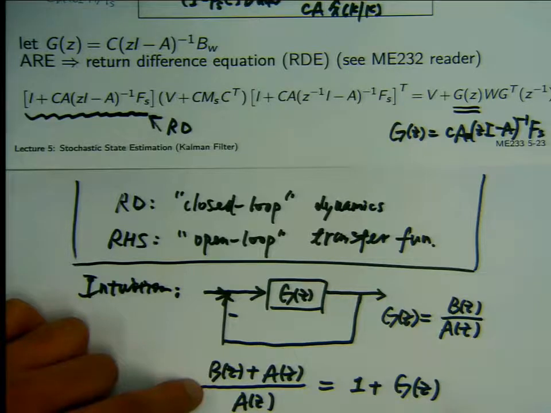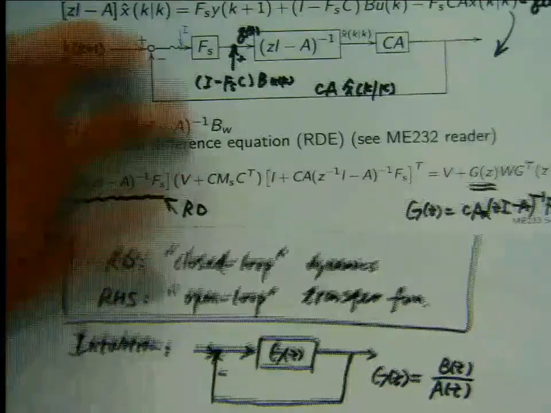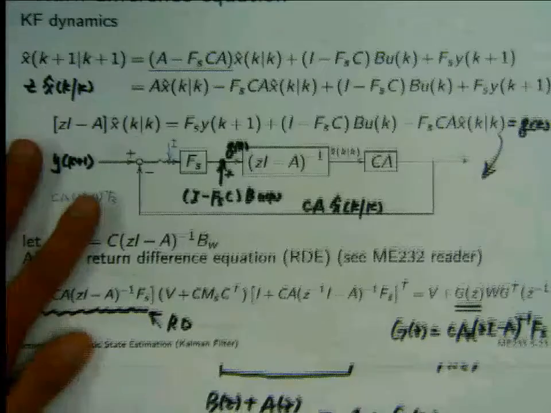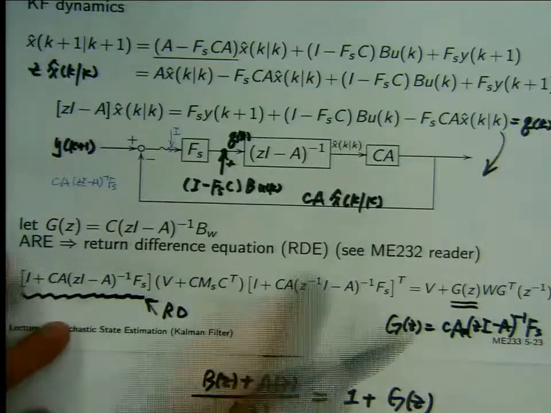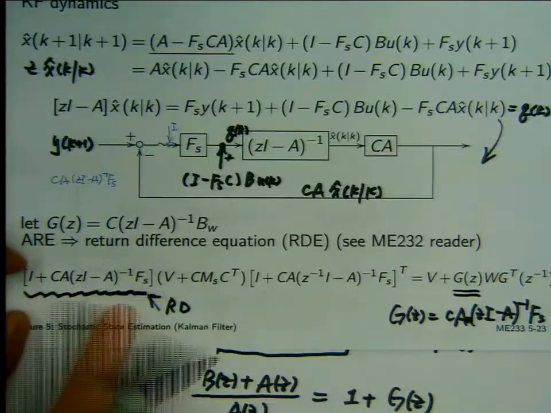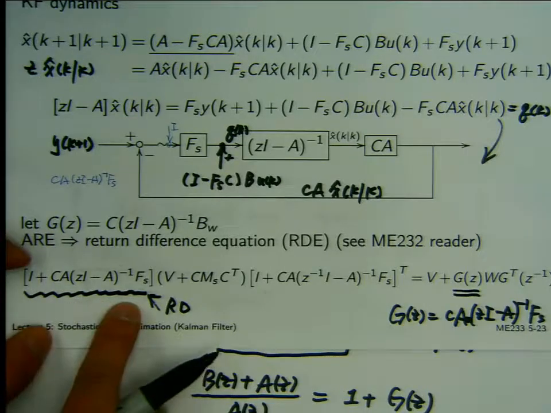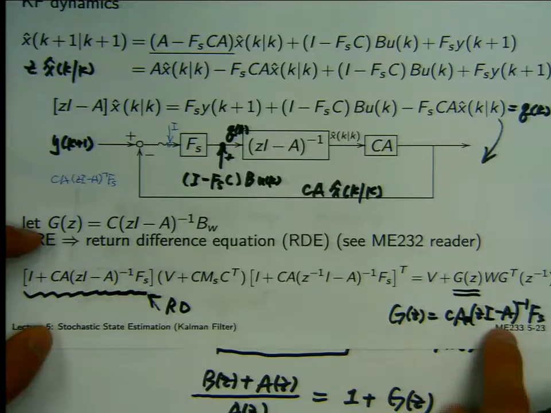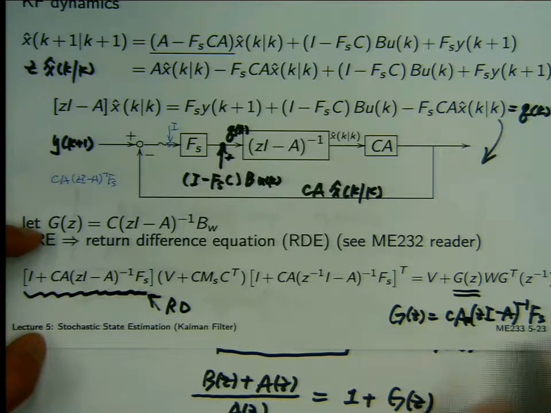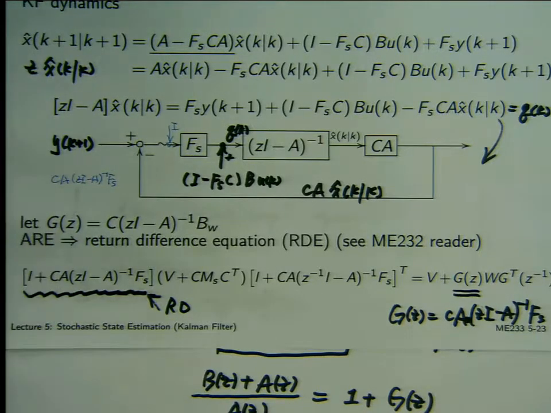So this is the same intuition here. In the return difference equality, I have something about the closed loop dynamics, and on the right-hand side, I have the transfer function. So nothing more. It's just telling us how the closed loop dynamics are related to the transfer function here.